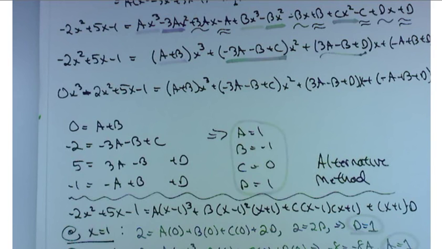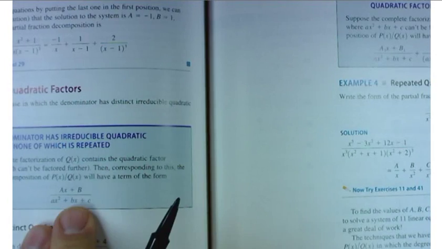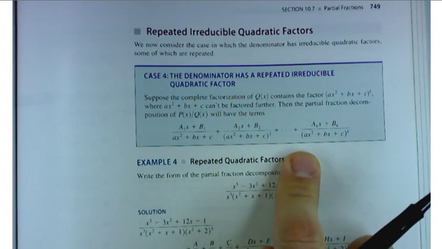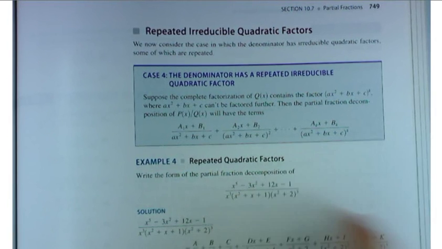There's 2 more cases that we're not really doing. So if you think I'm being mean, actually I'm being pretty light, because there's the quadratic case and the repeated quadratic factors. So quadratic case and repeated quadratic factors, case 3 and case 4. So we're really actually taking it kind of light in this section.